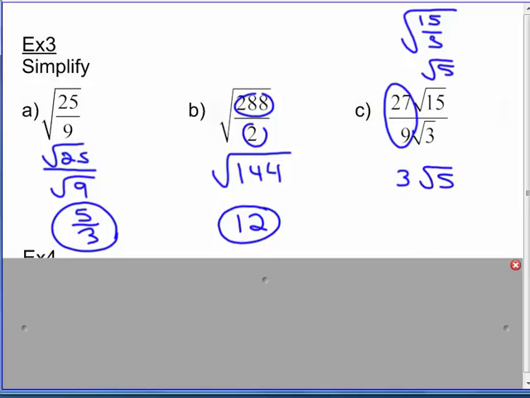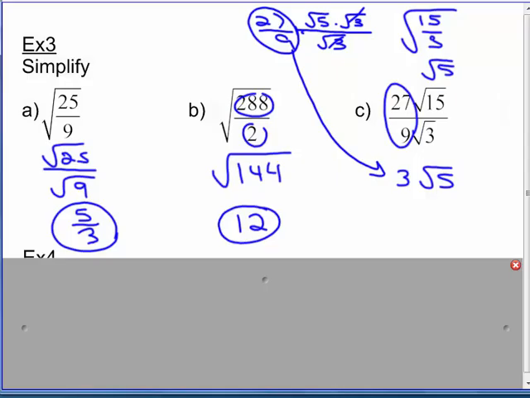Some people will think of the square root of 15 as square root of 5 times the square root of 3, and cancel out the square roots of 3. We did that before in the last couple sections here. And then get 3 root 5. So either one was fine.